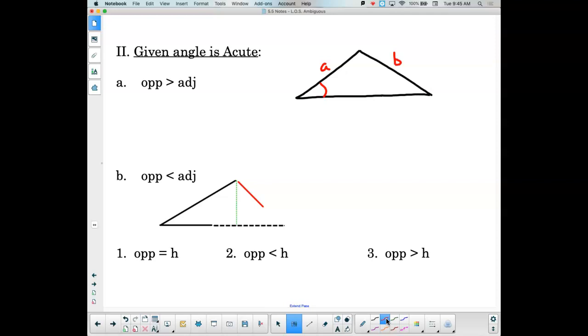So there's my situation. Now I have an acute angle, and my opposite is longer than my adjacent. We're great, we're grand, we're golden, because there is one triangle and we can use the law of sines to solve it.